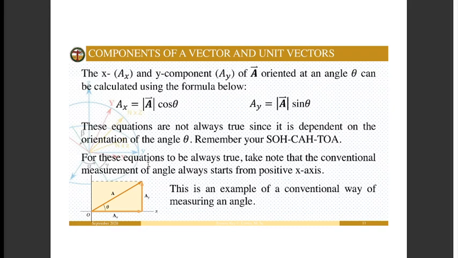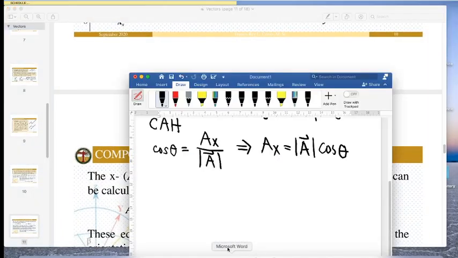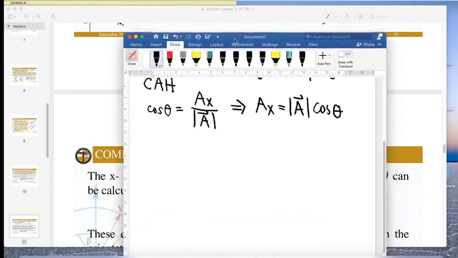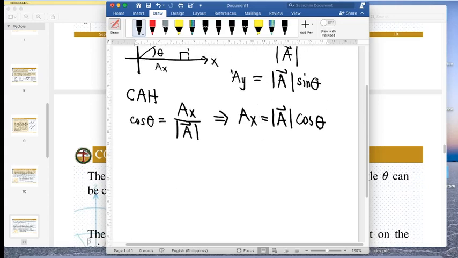So ganun lang. So I will give you an example. So how can we do this one? For example, if the formulas for AX and AY cannot be used, hindi siya ma-use.